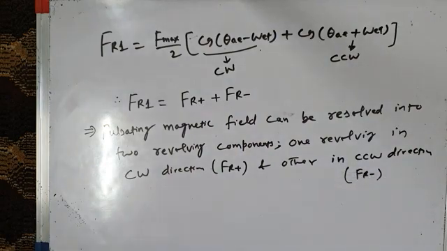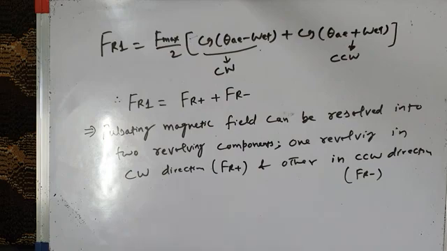So I am sure you already know this. You must have been taught this by your electrical machines teacher in your electrical machines course while studying single phase induction motors. We know that a single phase induction motor has only one winding and is excited by single phase AC.